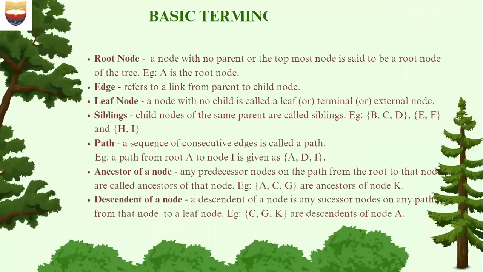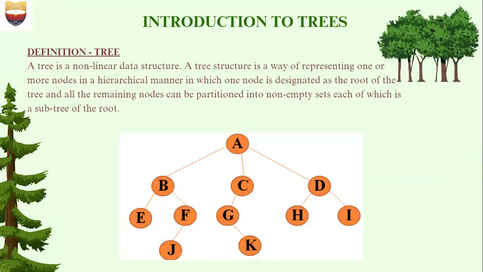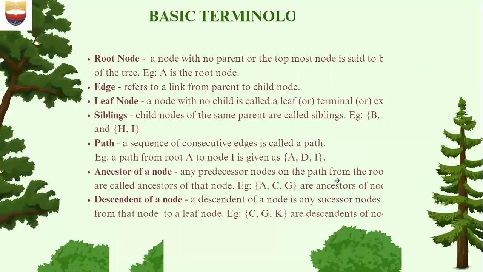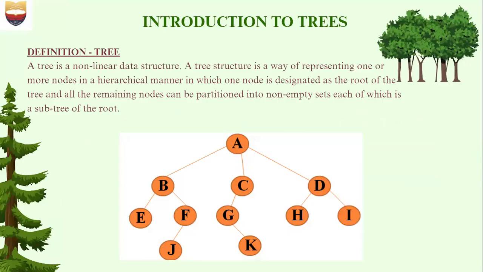Next term is path. A sequence of consecutive edges is called a path. Example, a path from the root node A to node I is given as ADI. A path in a tree structure is nothing but a sequence of consecutive edges, right?